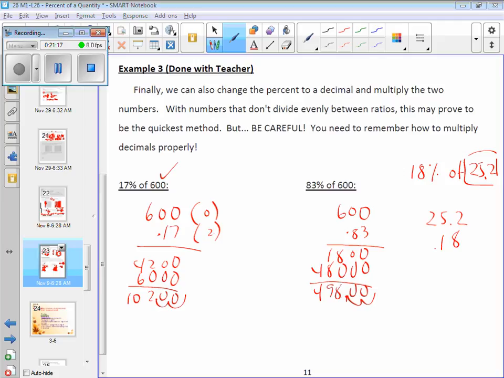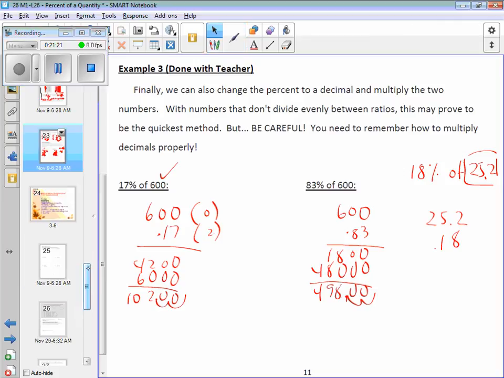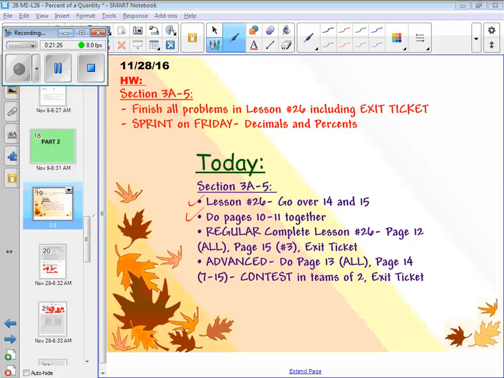Okay? All right. So here's what you're going to do. We're going to make this fun and exciting. Yes, we are going to differentiate. Different groups will be doing different things. If you are unsalted, you have to complete lesson number 26, page 12, which is percent of a number.